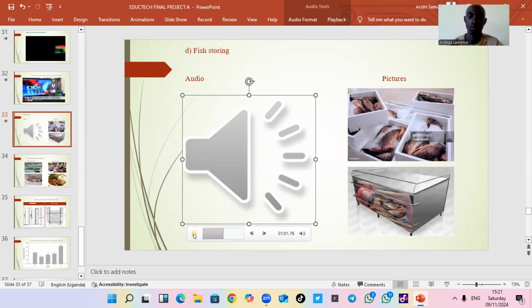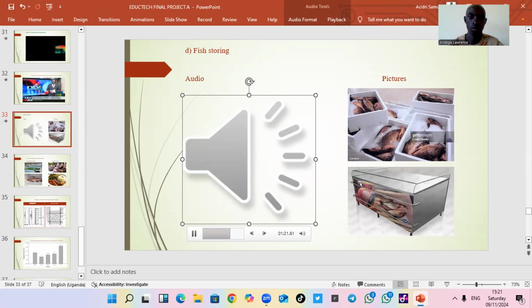Then fill the container with crushed ice without letting the ice touch the fish directly. And the third procedure is that we have to keep it in a regulated temperature of 32 degrees Fahrenheit.